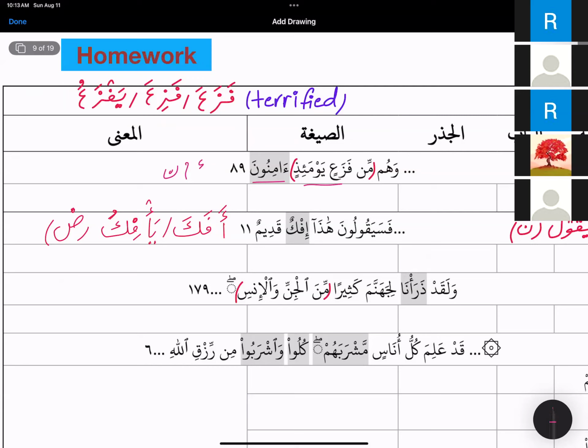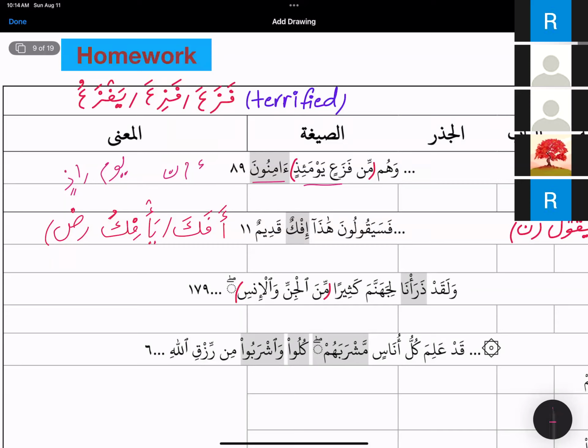Now what is aminun? It is khabar. Yawma izin. Is it mudaf ilayhi? No, faza'in, this is yawma and then izin. These are two separate words. Yawma plus izin, and then they just make it yawma izin.